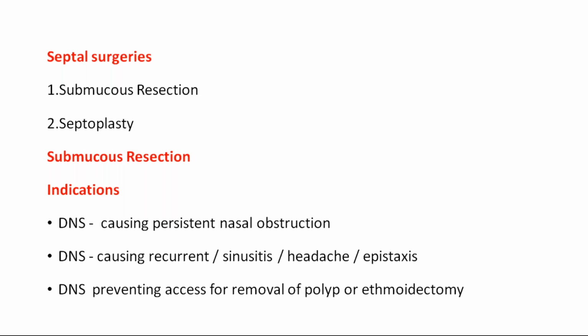There is only a mucosal flap, so the chance of a tear during revision surgery is far higher in a submucosal resection. Septoplasty can be done below the age of 17 years. SMR you can't do.